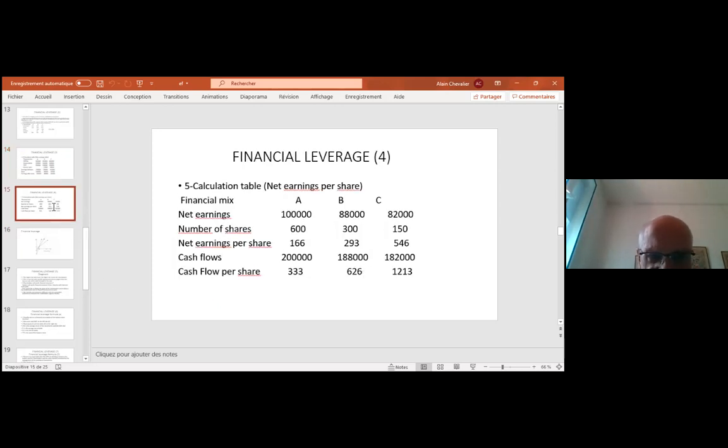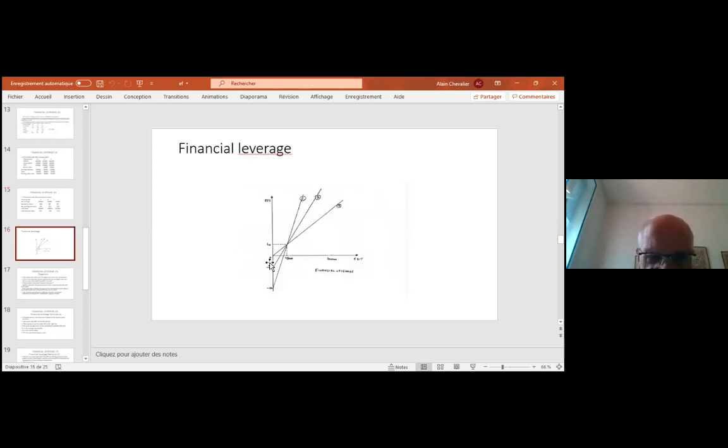And if you move to the other table, you will find net earning per share equal to 0. So that means that the point 0 here will be part of a straight line, which represents the earning per share as a function of the EBIT.